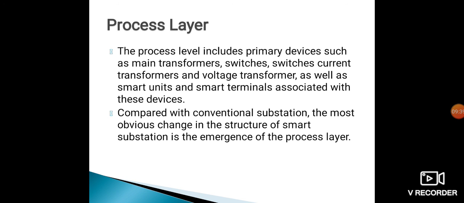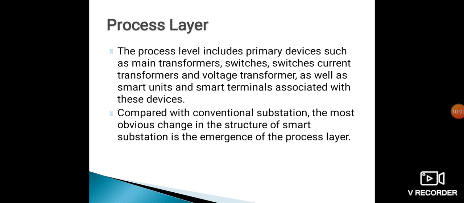The process layer connects the primary devices and the secondary devices. Its purpose is to connect them through intelligent components, intelligent terminals, and merging units.